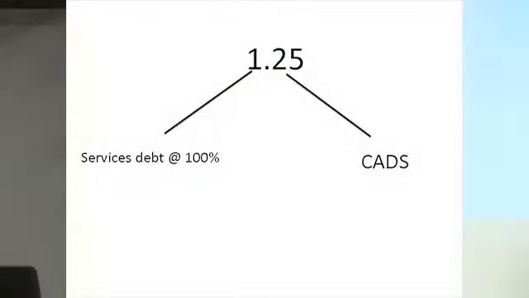If there's a 1 there, it tells you that it services debt at 100%. All of your mortgage is getting paid. What is the number to the right side of the decimal point, and what do we call that? That's our cushion. We want to have a buffer with this formula.